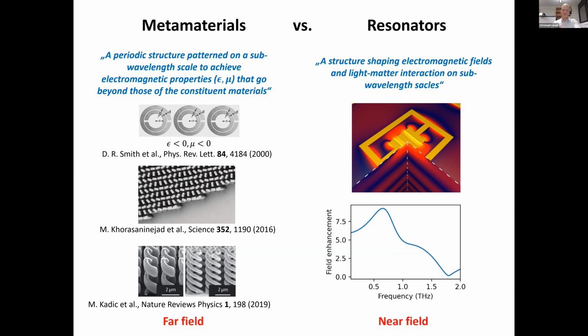So the distinction between the two in the context of what I'm going to present would be that metamaterials shape the far field in certain ways and are very flexible and powerful in doing this. But the resonators I'd like to discuss today, they are just the unit cells, the individual elements of such metamaterials.